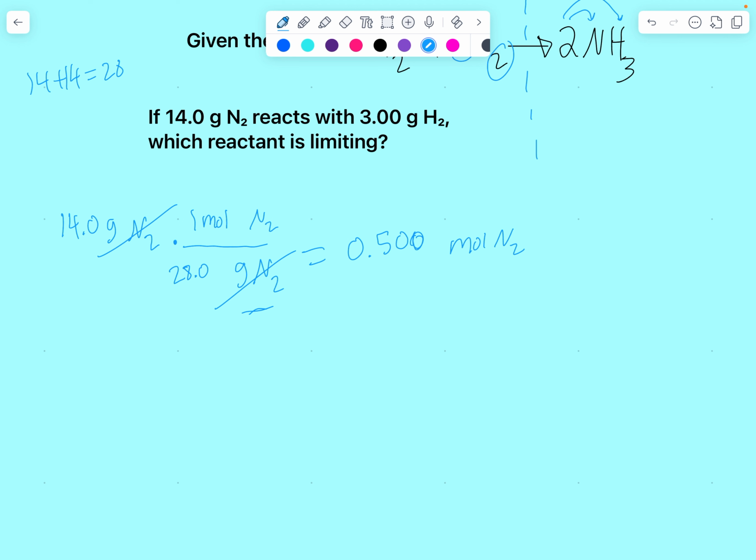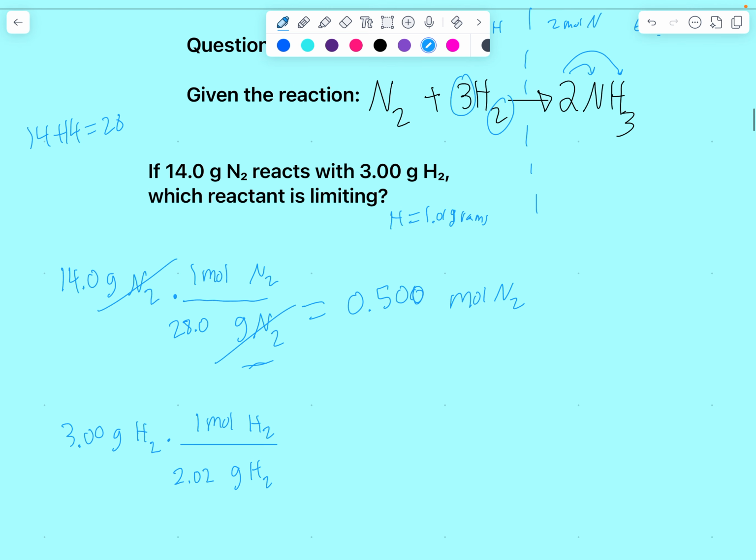So, the next one we have 3.00 grams of H2. We know from the periodic table that one hydrogen is, to be technical, 1.01 grams. So 2 H's would represent 2.02 grams of H2 for every 1 mole of H2, right?